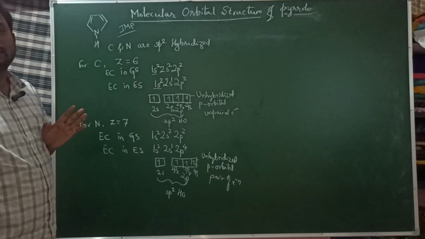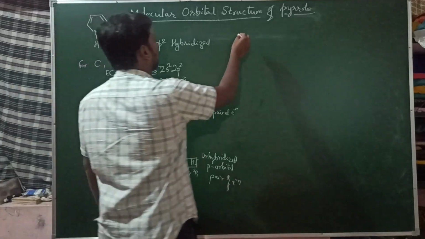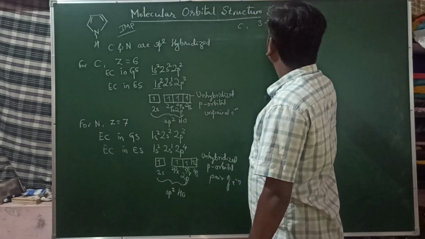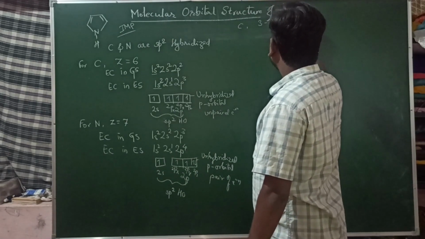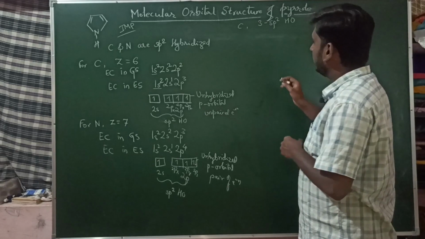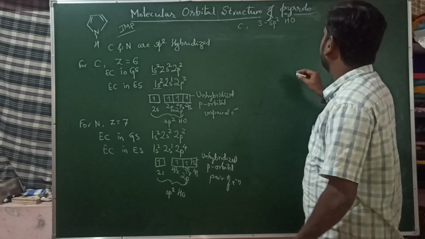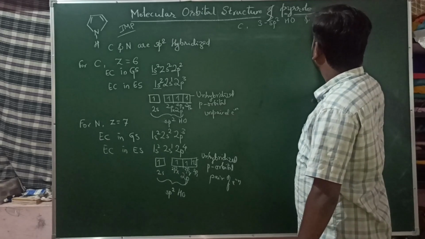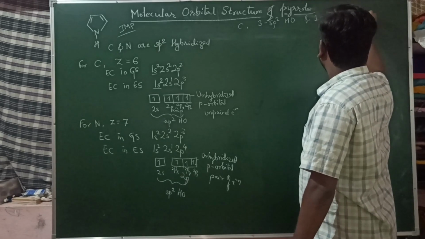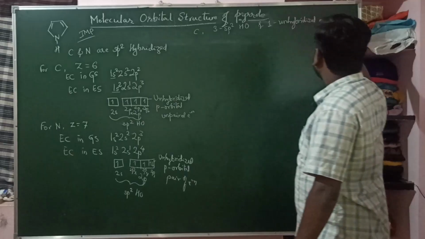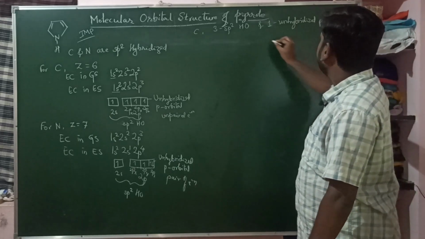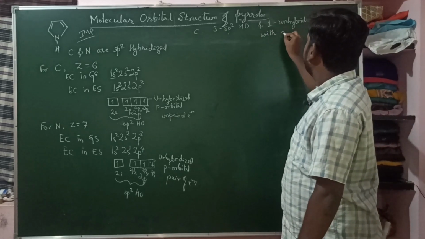So we should have this summary with us. For carbon we have three sp2 hybrid orbitals, each containing an unpaired electron. Those only will be involved in sigma bond formation, and one unhybridized p orbital with an unpaired electron.